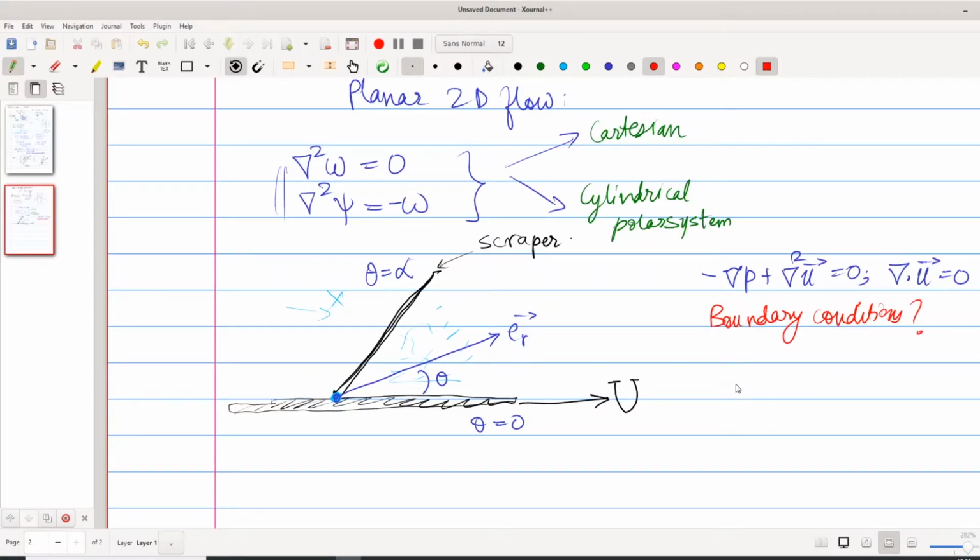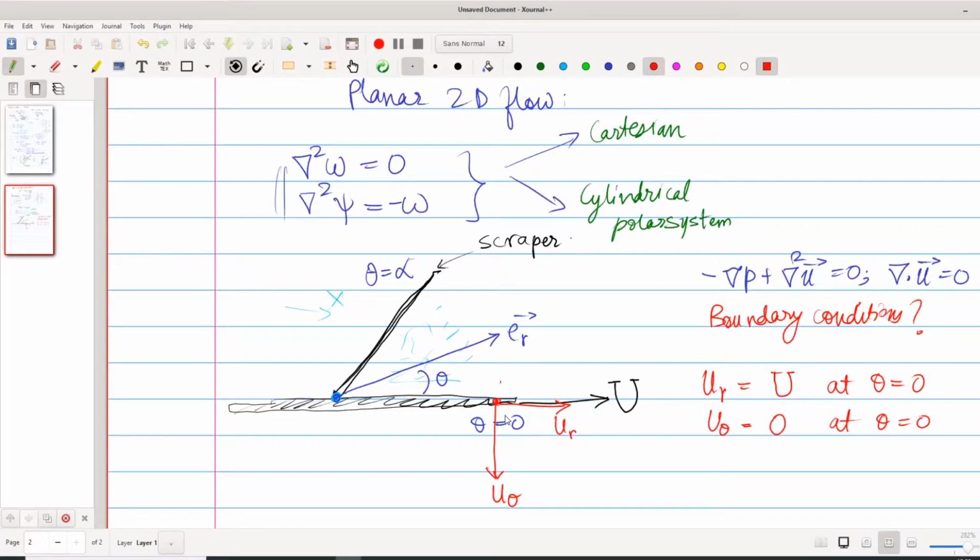The boundary conditions are u r equals capital U at theta equal to 0, and for all r, u theta equals 0 at theta equals 0. That is to say, this particular component will be u theta and this particular component will be u r.